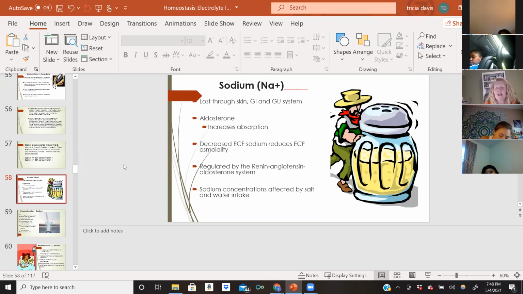Our sodium is regulated by that renin-angiotensin-aldosterone system that we talked about earlier, and sodium concentrations are affected by our salt and our water intake. If we have too much water intake, it's going to diminish those sodium concentrations, right? And if we don't have enough, if we are dehydrated, we're going to have higher amounts of sodium concentration.